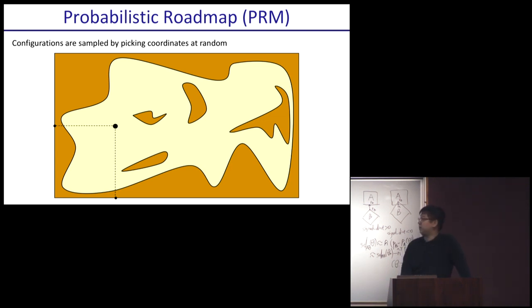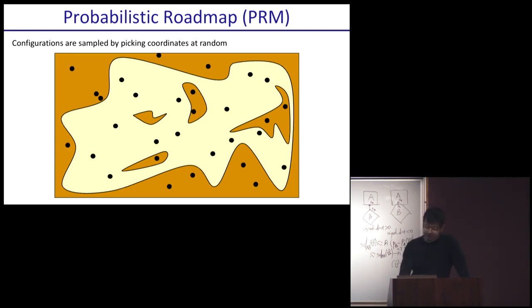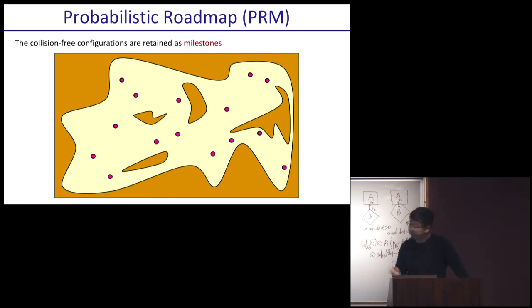So we randomly select one point in this space, and we repeatedly do this or in parallel. We sample a lot of points, and we find some of the points are feasible, some of them are not. So we find the collision-free configurations as milestones. They are marked pink. These are our milestones.